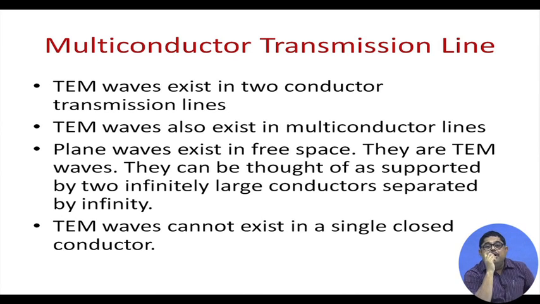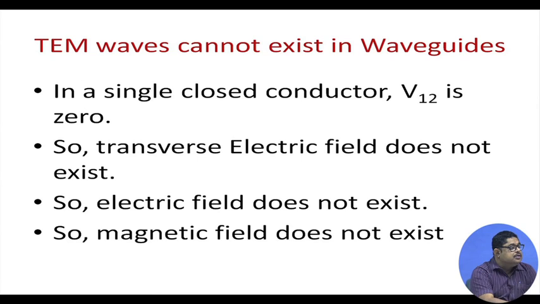But TEM waves cannot exist in a single closed conductor. Instead of two conductors, if you have a single conductor, TEM waves cannot exist. Why? A single conductor example is a waveguide. You see, a waveguide is a pipe, so it is a single closed conductor.